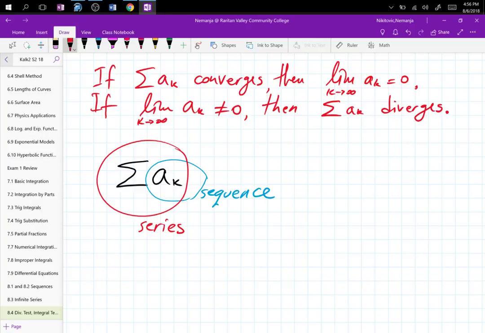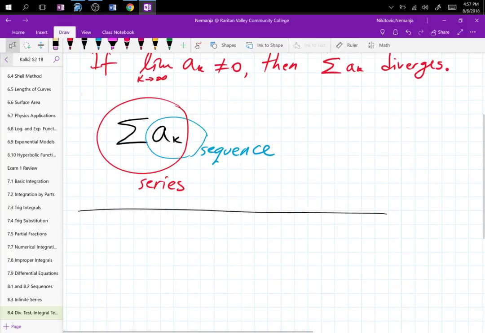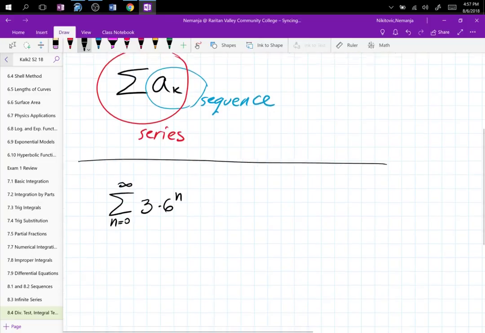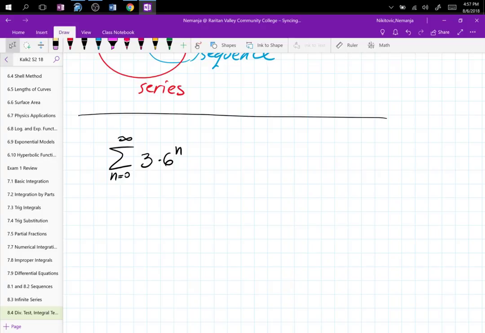That is something that is given. So now we can test this. We should be able to solve certain problems in multiple ways and always have the same answer at the end. So if I have summation of, let's say, 3 times 6 to the n, and n starts at 0 and goes to infinity, we should quickly note that by geometric series this diverges.